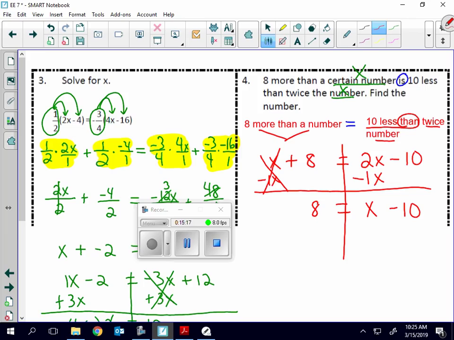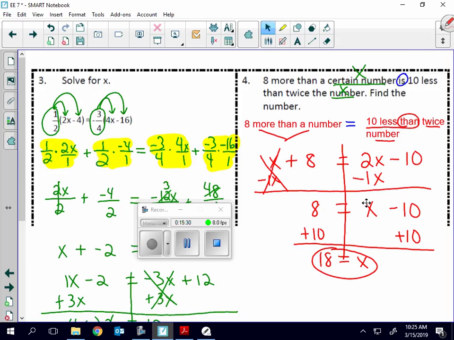And lastly, I just need to add the 10 to get x by itself. So 18 equals x. Again, you can plug in that 18 to make sure both sides are the same. That's how we do that.